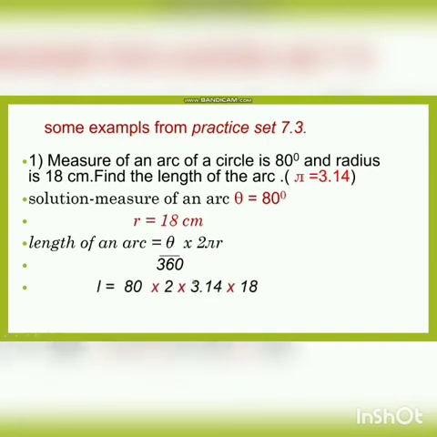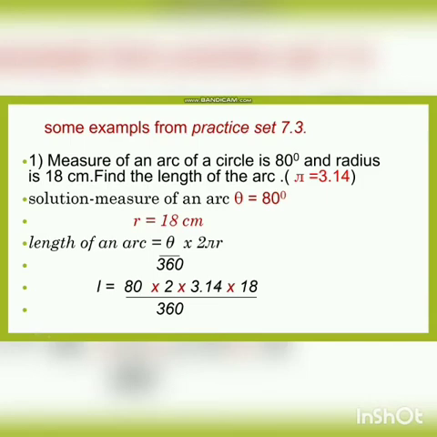So L, the length of an arc, small l, is equal to 80 upon 360 into 2 into the value of pi 3.14, which is given in our question, into the value of radius r, 18.